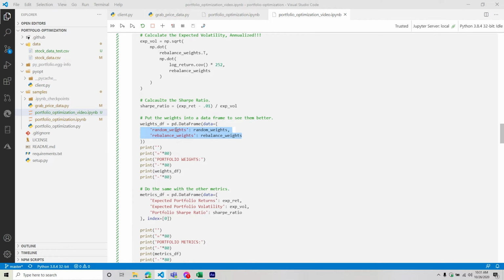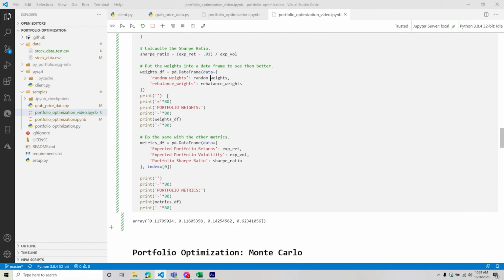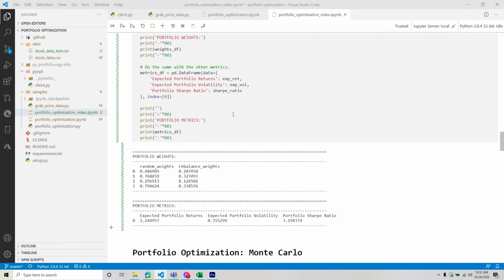But you can see here, I'm creating a data frame and I'm just going to have random weights, rebalance weights. And then here you can see I'm just printing out so it's a little bit more readable. And then with the data frame, I'm putting the expected portfolio returns, expected portfolio volatility, and then the portfolio Sharpe ratio as well. So if I print this out, you can see here were our random weights.